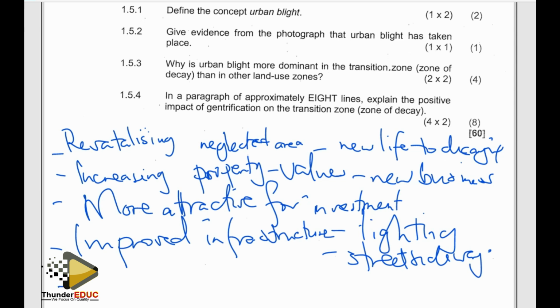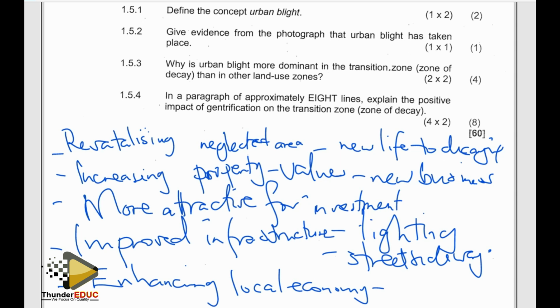And what else can we talk about? We can talk of enhancing the local economy. The local economy was dying. Businesses were moving out because of fear of criminal activities and because of lack of potential customers in the area.